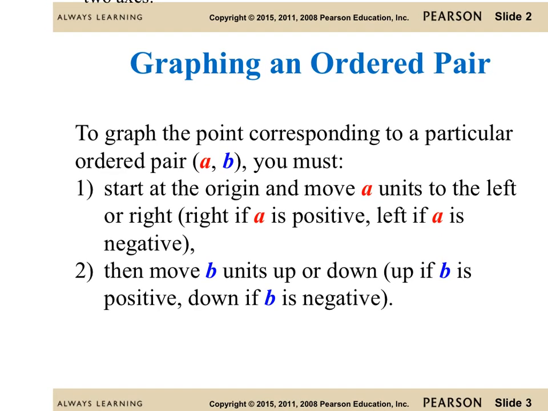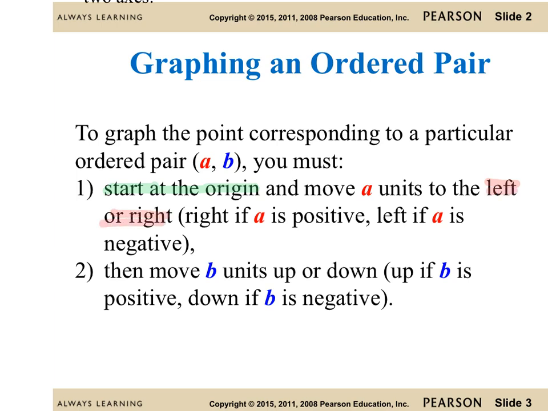So now we're going to talk about graphing an ordered pair. In order to graph the point that corresponds to a particular ordered pair (a, b), you start, and this is very important, at the origin. You always start at the origin. And then you're going to move a units to the left or to the right.